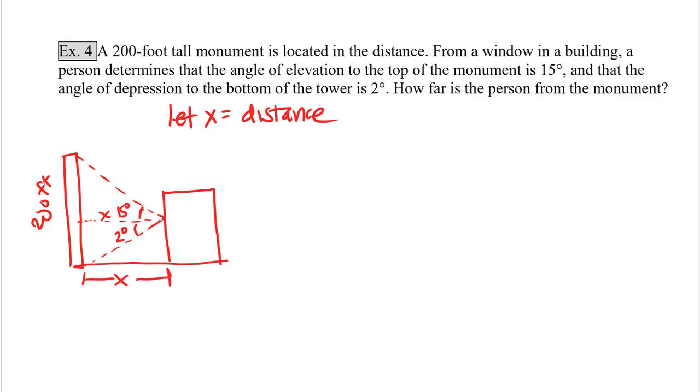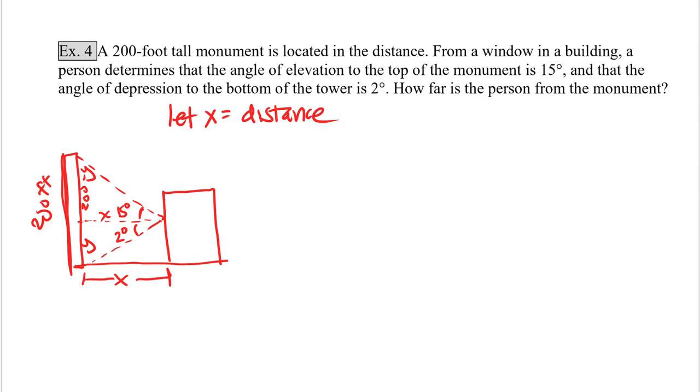So we need to use SOHCAHTOA to somehow find x. The problem is that we don't know any of the sides of either of these triangles. So what I'm going to do is call this segment right here y. Now if this whole length has to be 200 and this is y, this is going to be 200 minus y.